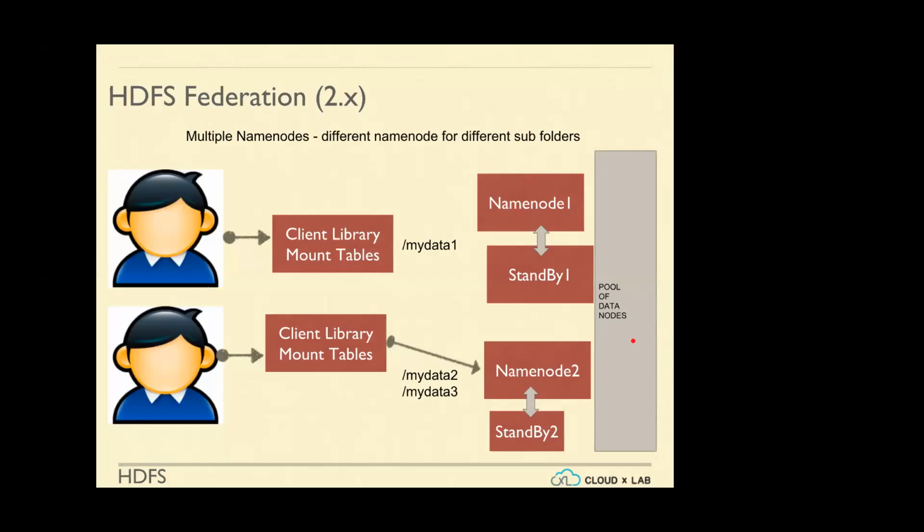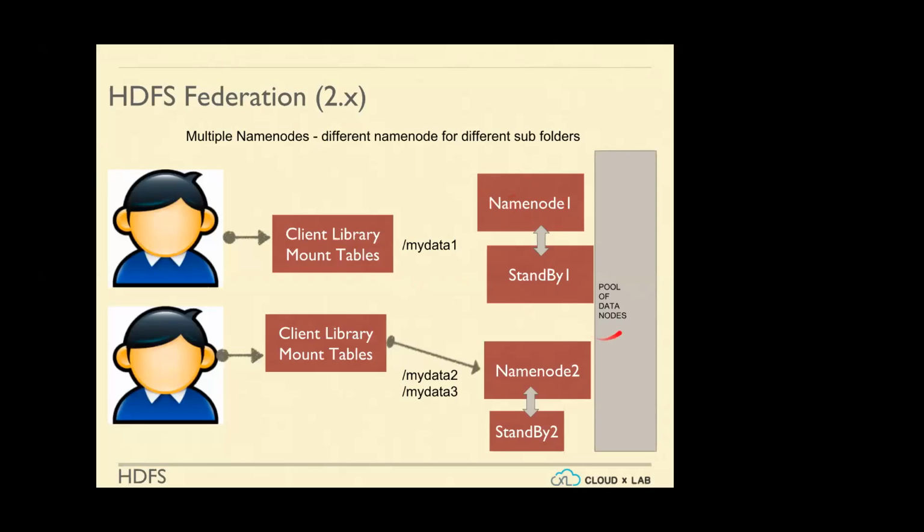The way they design the block ID, they keep track of whether the block came from name node 1 or name node 2. So that's how HDFS Federation solves the problem of name node memory becoming full.